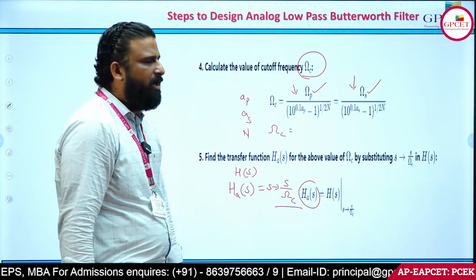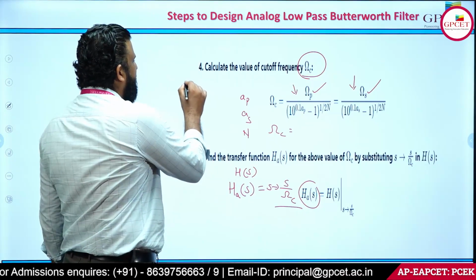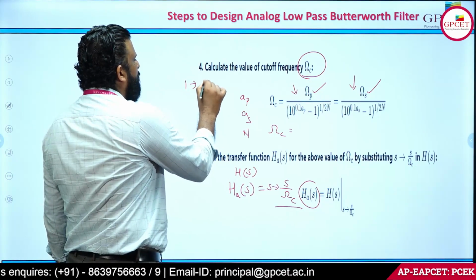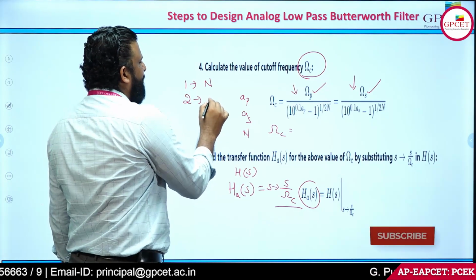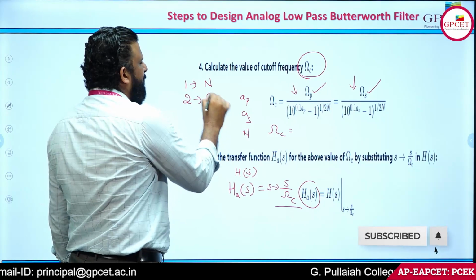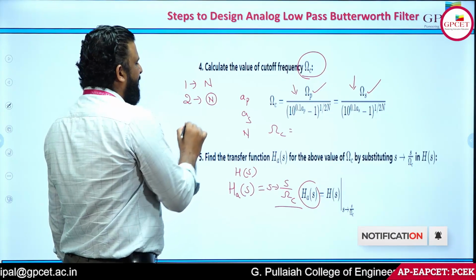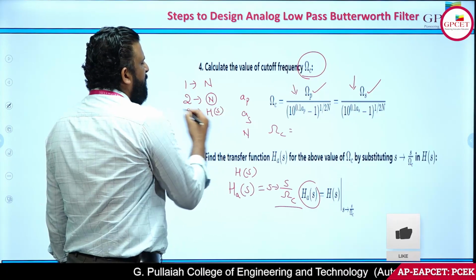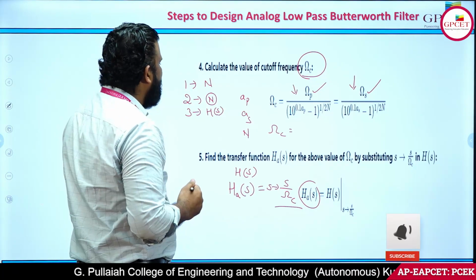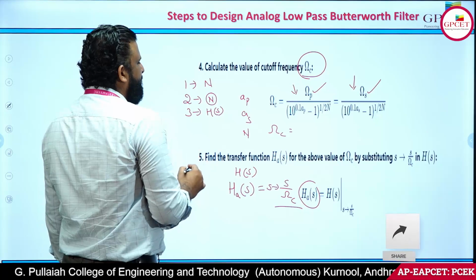Okay, clear? Now just we will recall. In the first step we are finding the value of capital N. In the second step, after getting the value of capital N, we are rounding that value to the next higher value. In the third step, we are going to find out the transfer function of the Butterworth filter based on the value we get in the second step.